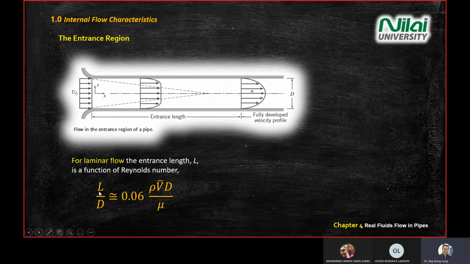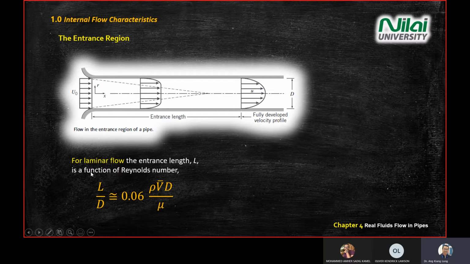The ratio L over D equal or very near to 0.06 Reynolds number, then you will have a laminar flow. L is from here to here. L is your entrance length. When the ratio between your entrance length and D is 0.06 Reynolds number, then in most cases you will have laminar flow.